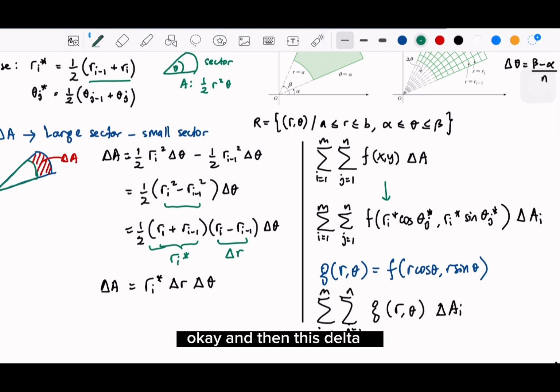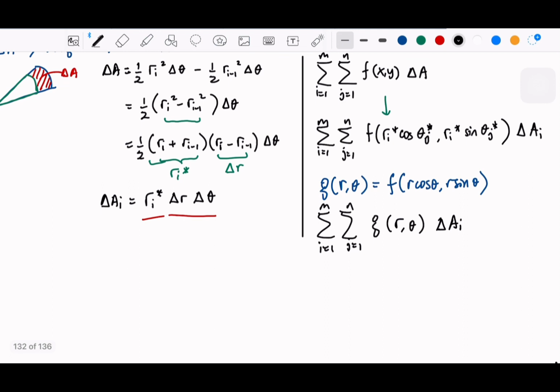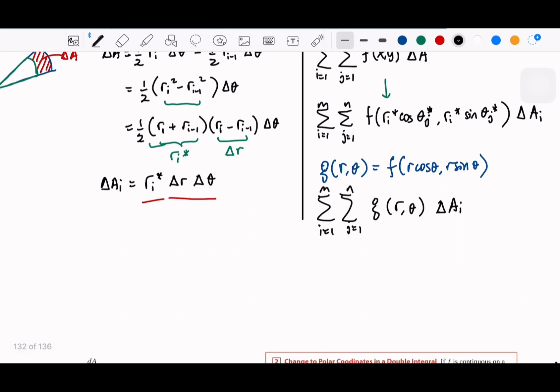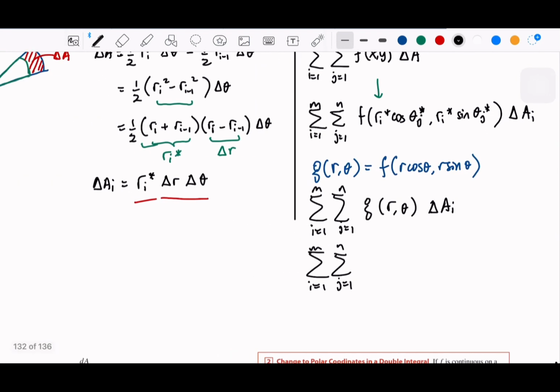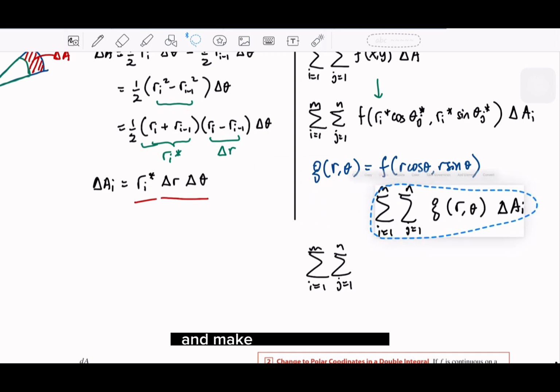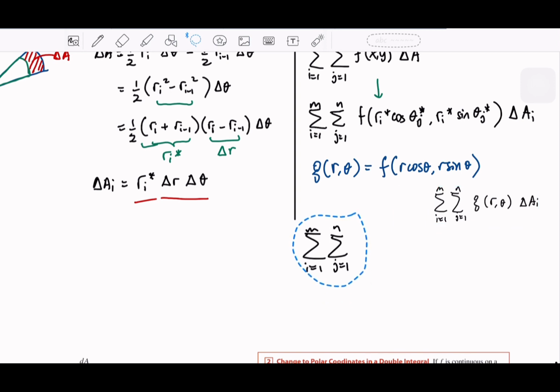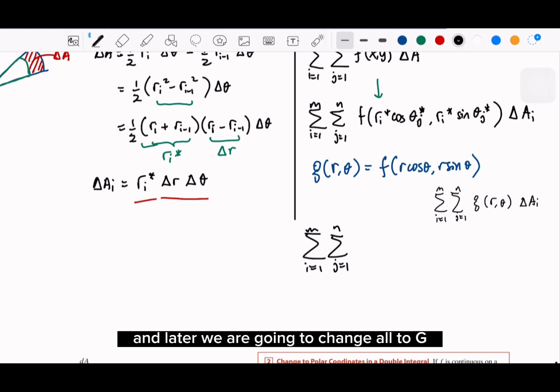Okay, and then this delta A, we are going to exchange with this. Let me just write first in terms of f, and later we are going to change all to g.